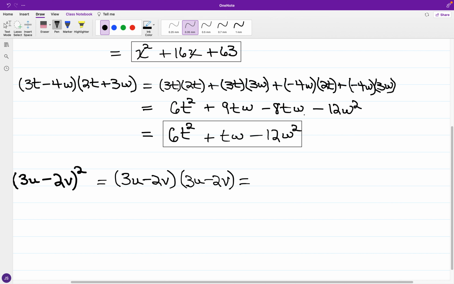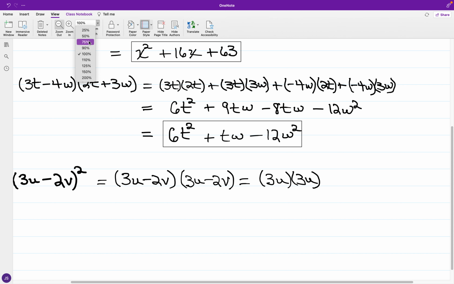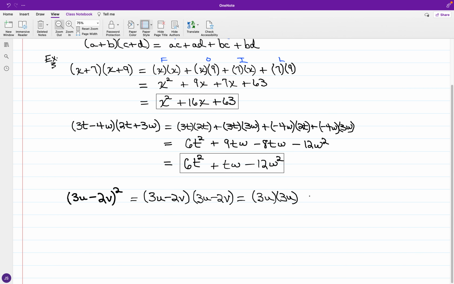And so looking at the case of the FOIL, for the first items, I have 3u times itself. For the outside terms, I have 3u times negative 2v.